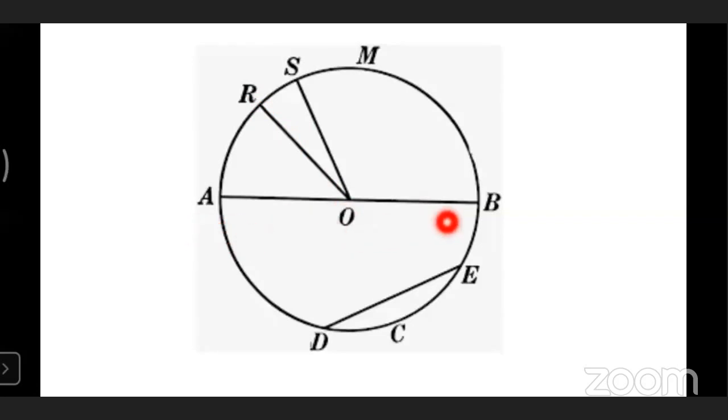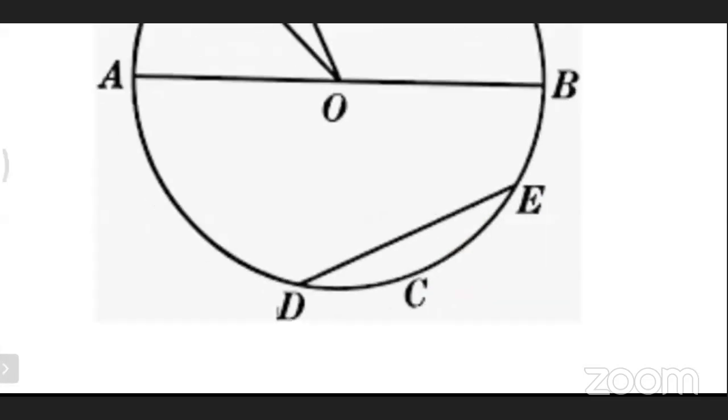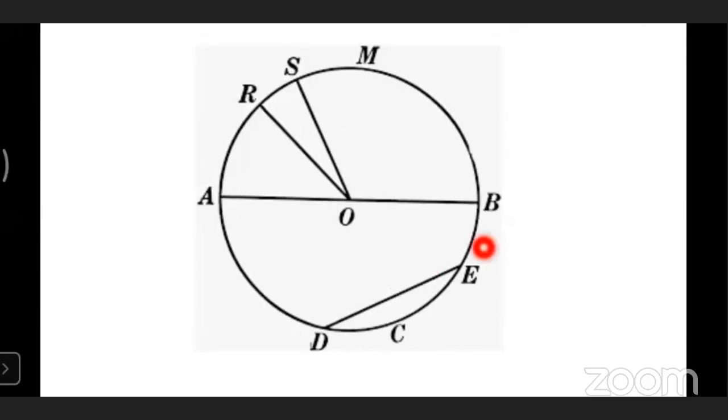AB. Very good. This diameter is passing through the center of the circle, so AB is a diameter. Can you tell me the chord? DE. Very good. DE is a chord. Here M is also a point, so we can draw one more radius from this point.